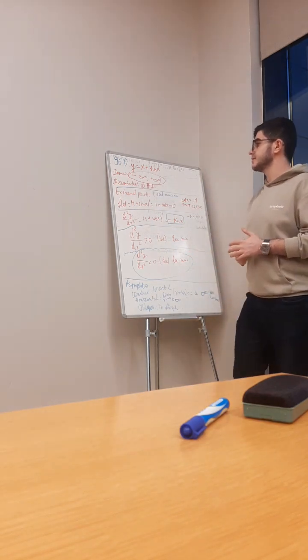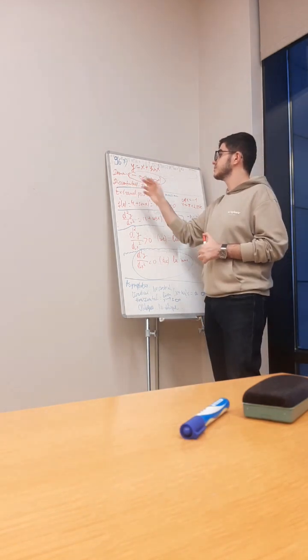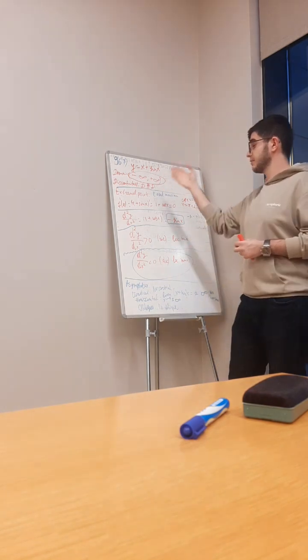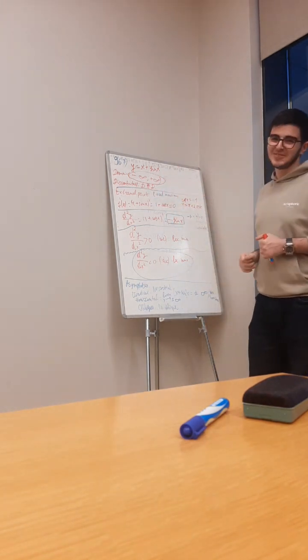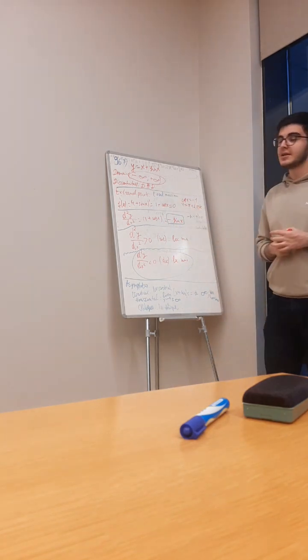Then we have to find discontinuities of this function, and I wrote there DHT. What's the meaning of DHT? Doesn't have discontinuities. Why?